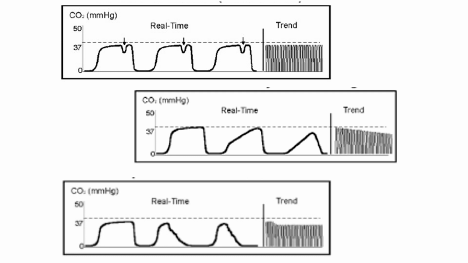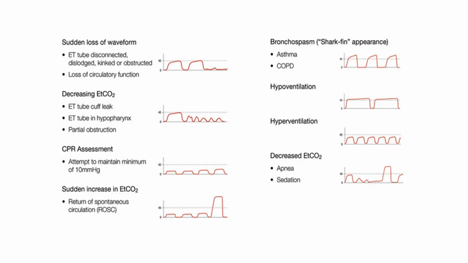The lowest curve shows the shape that appears when the cuff of the endotracheal tube is insufficiently tight. At the end of this subchapter, we present several capnographic curves and their shape in various clinical situations.